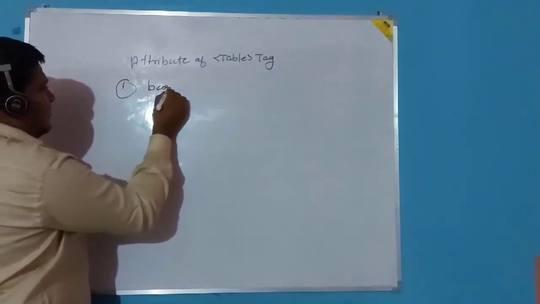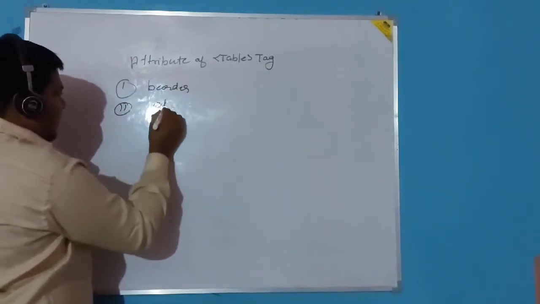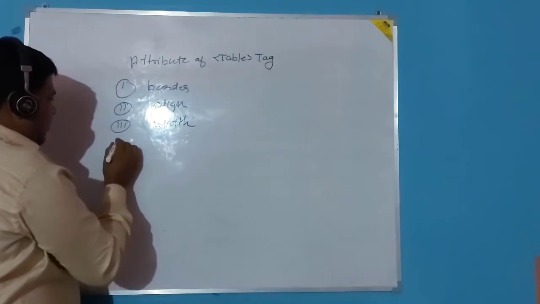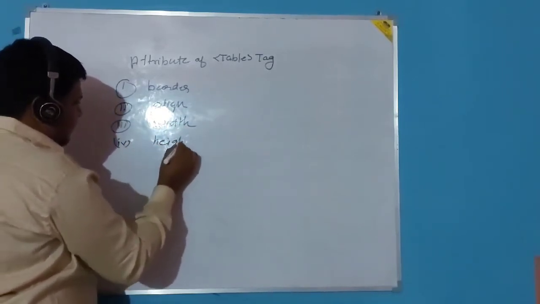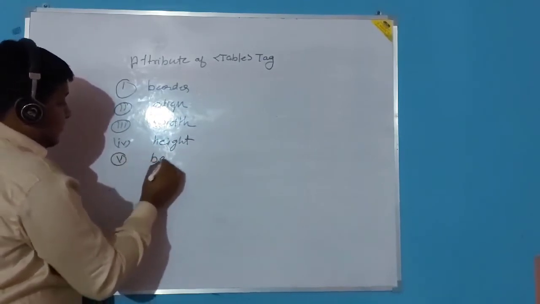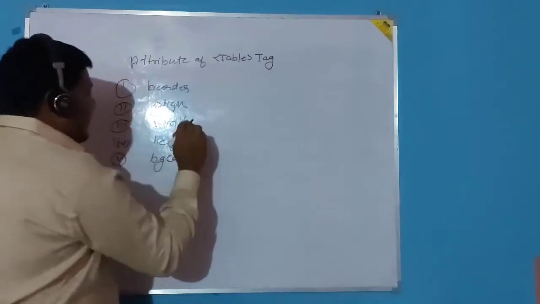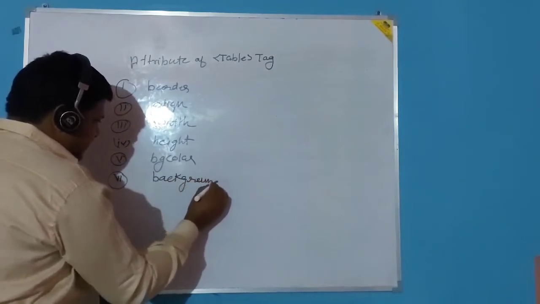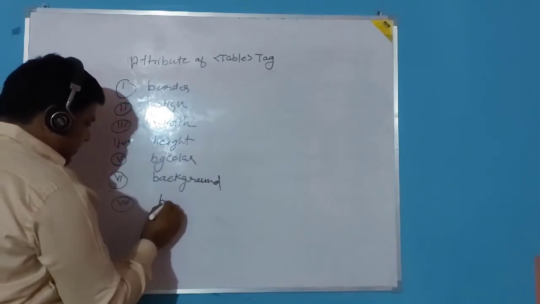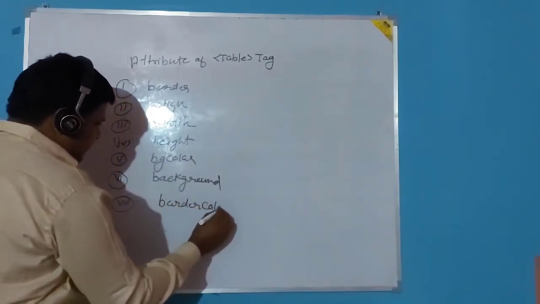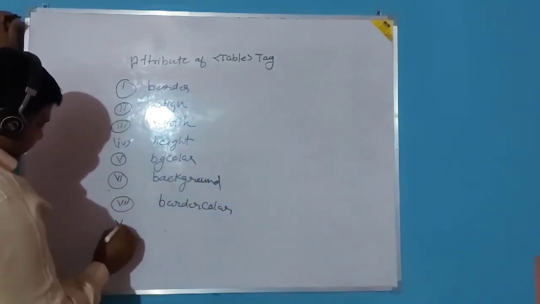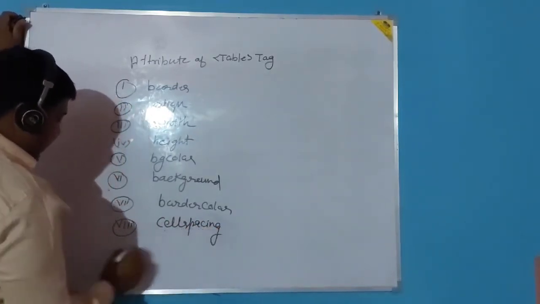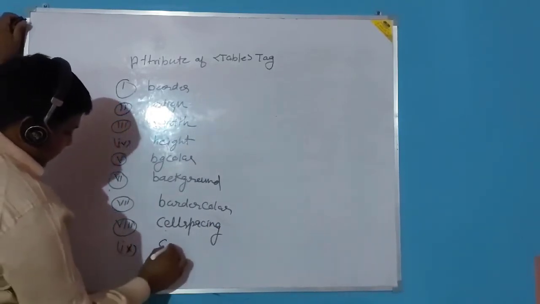We have a border, we have a align, we have a width, we have a height, we have a bg color, and then we have a background, and then we have a border color, and then we have the 8th one, it is a cell spacing, and another one, the 9th one, we have a cell padding.